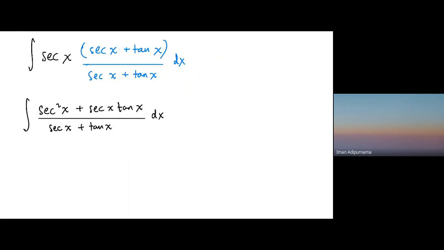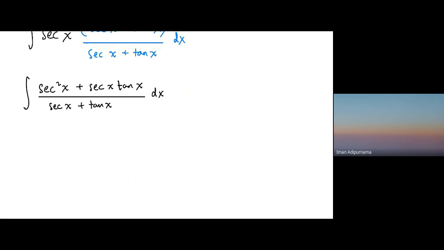Let's try using substitution. Let u be secant x plus tangent x. Then du becomes secant x tangent x plus secant squared x, which is very similar to the top expression, right?